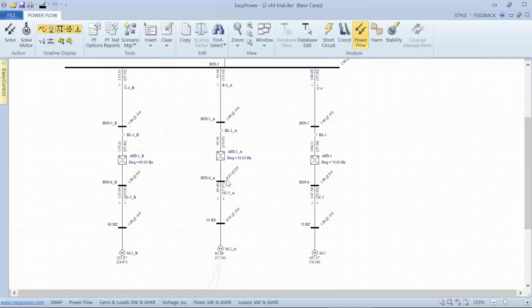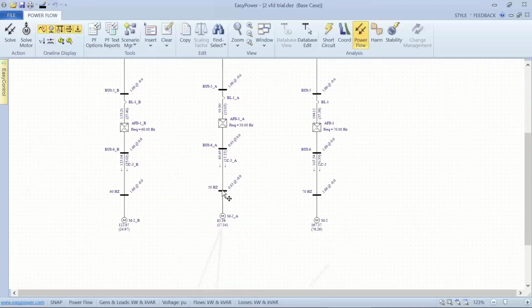We see a reduced per unit voltage to get the output that we expect. And so this is the chart that we looked at earlier, where we have a constant horsepower and we modify the power factor and the voltage to accommodate it.